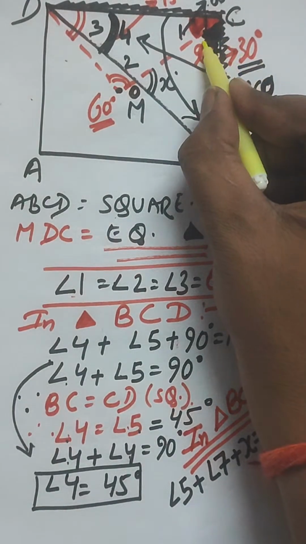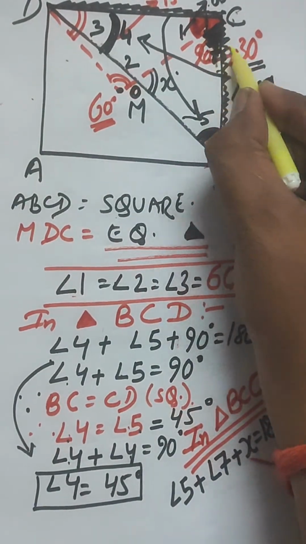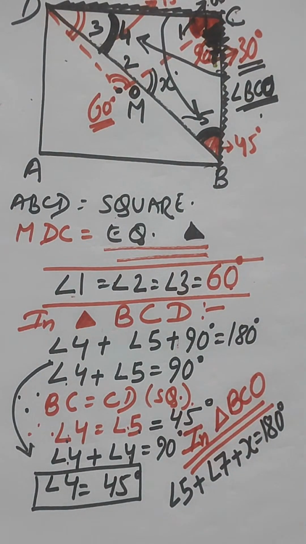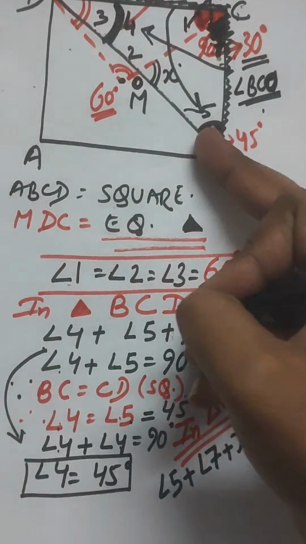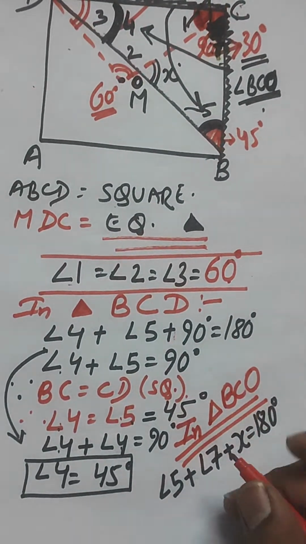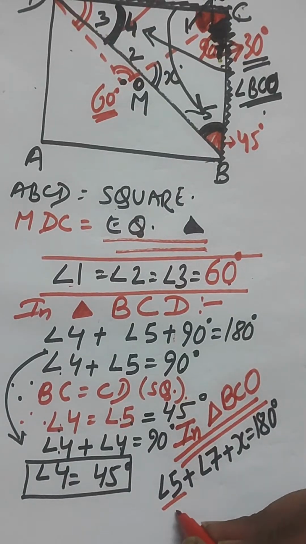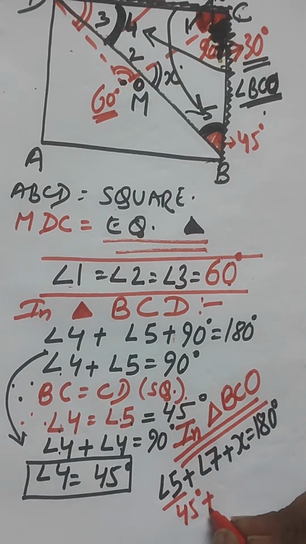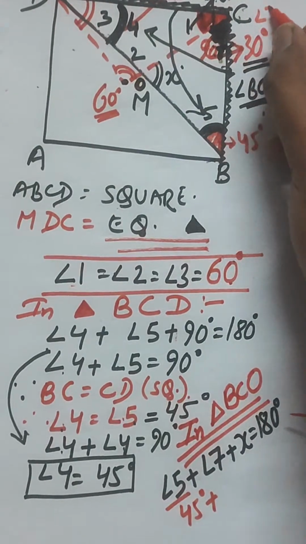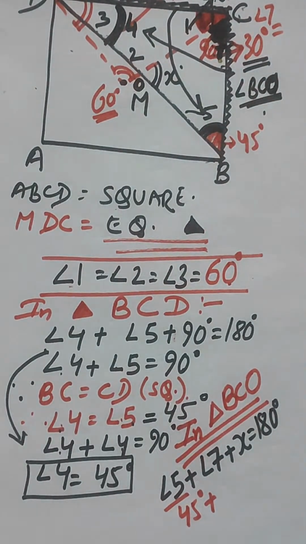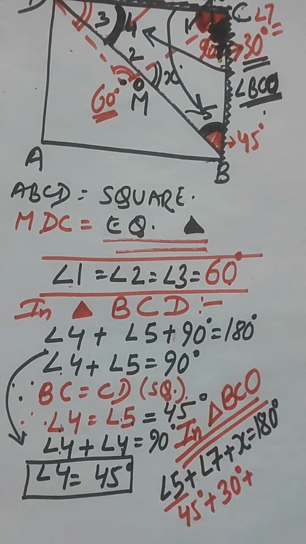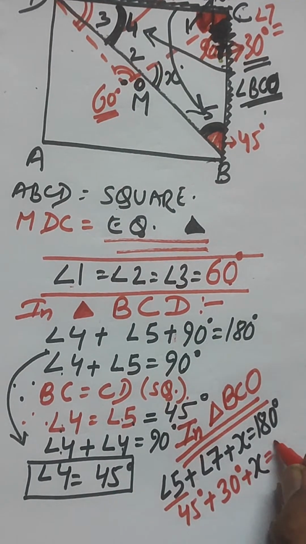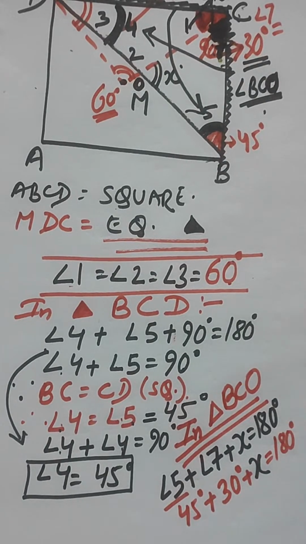From here, angle 5 is 45, angle 7 is 30 degrees, plus this x, all of which add up to 180 degrees, right?